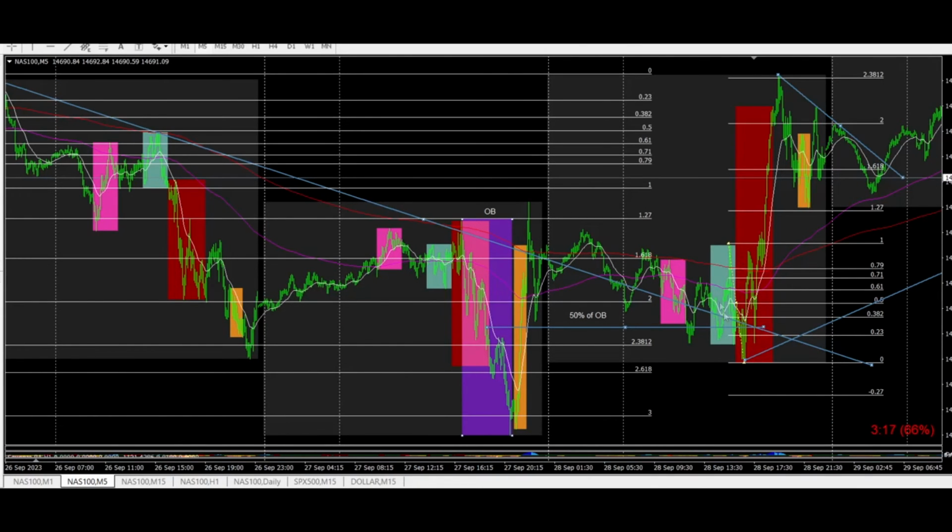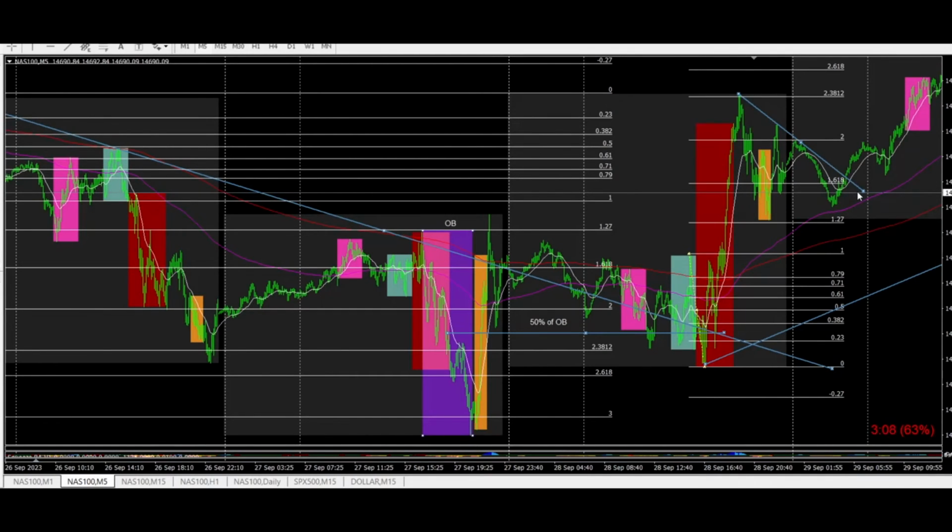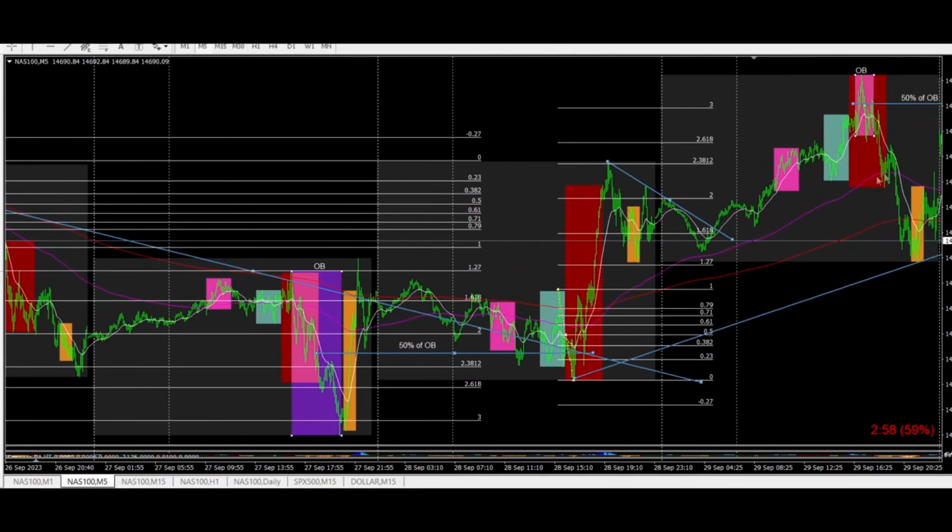So we look ahead, we see price took off, goes to the 2.3812, creates a small trend line, breaks the trend line, moves back into around 50%, continues on, and now there's an up closed order block.